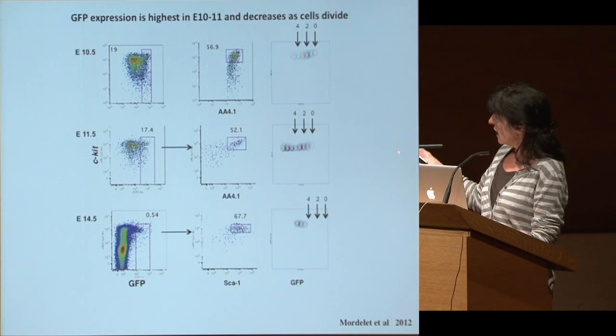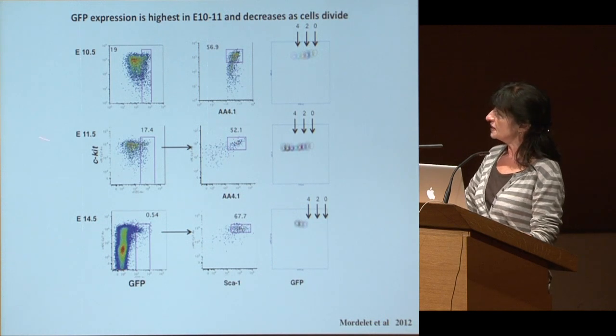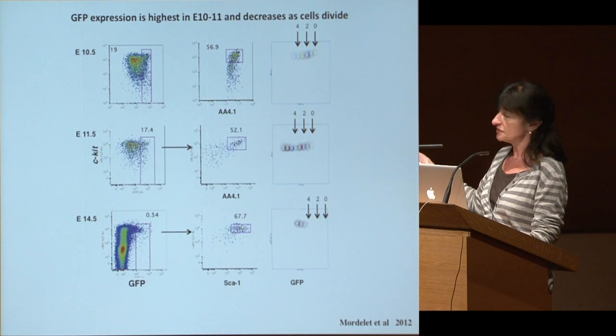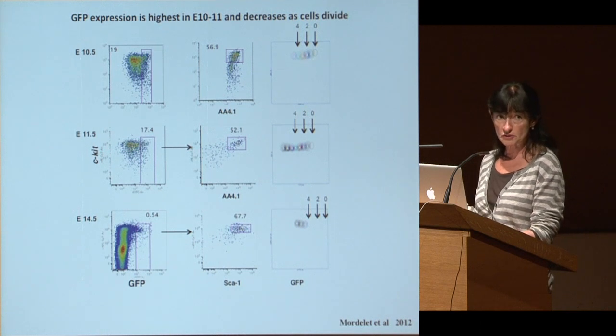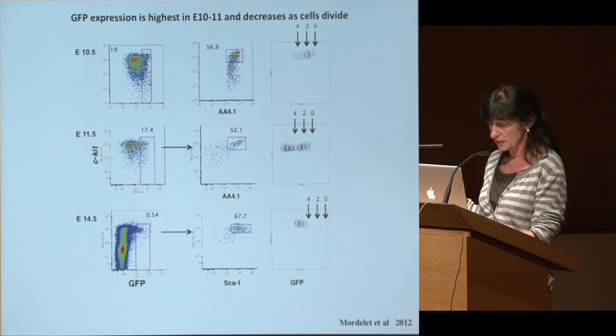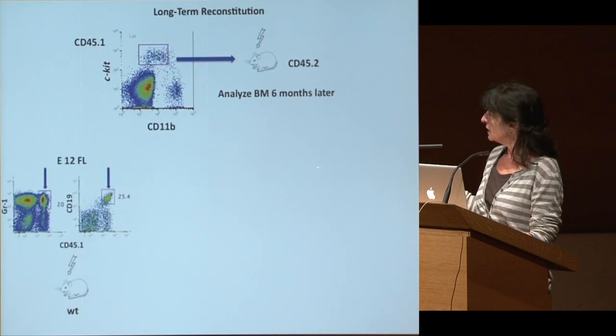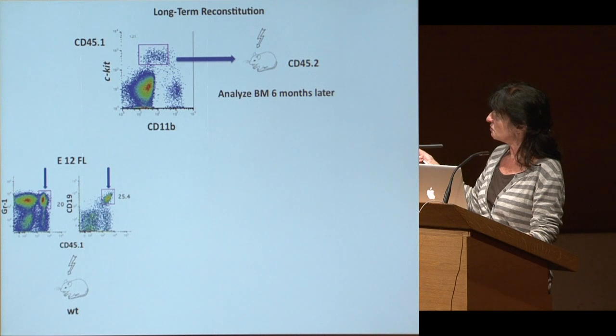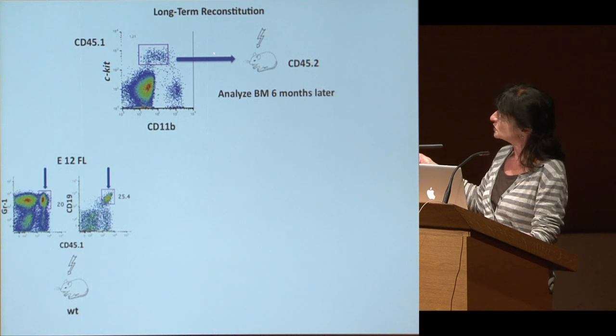However, we know that only after 11.5 can fetal liver in fact long-term reconstitute lethally irradiated recipient animals. So this is basically the type of experiment we do. For long-term reconstitution, we take hematopoietic progenitors of a CD45 allotypic congenic strain to the recipient mice.